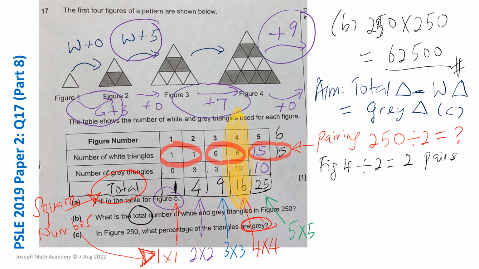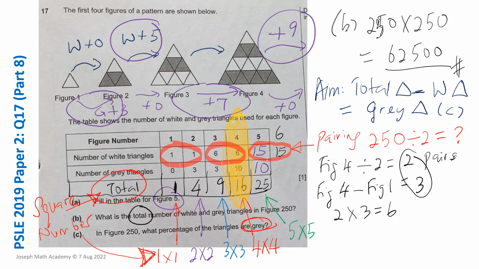After that we take figure 4, subtract the first figure, figure 1. We have 3, so that means we have 3 intervals. Now we take these two and multiply each other. So 2 times 3 gives us 6.